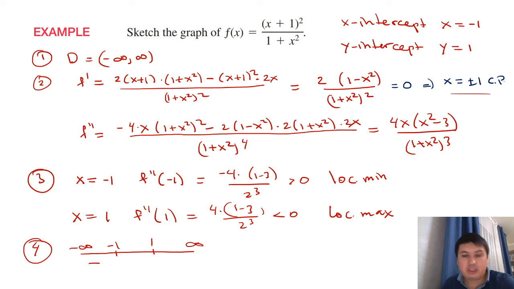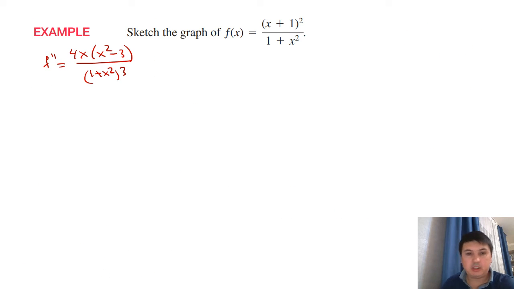Between -1 and 1, you can plug in x equal to 0, and you get positive. If x is bigger than 1, then 1 minus x squared becomes negative. The denominator is always positive, so it is negative, which means my function decreases from -infinity to -1, then it increases, and then it decreases again.